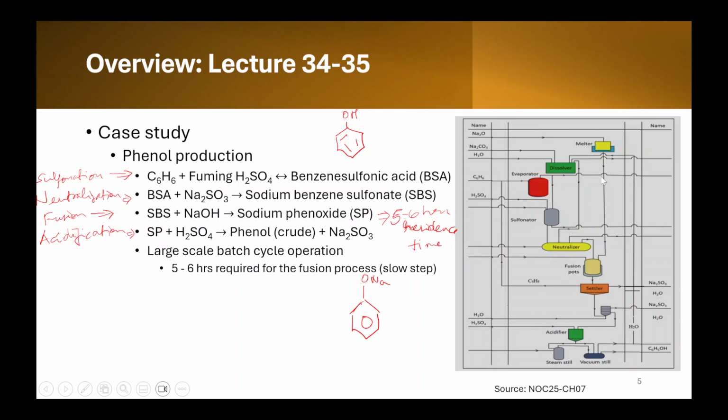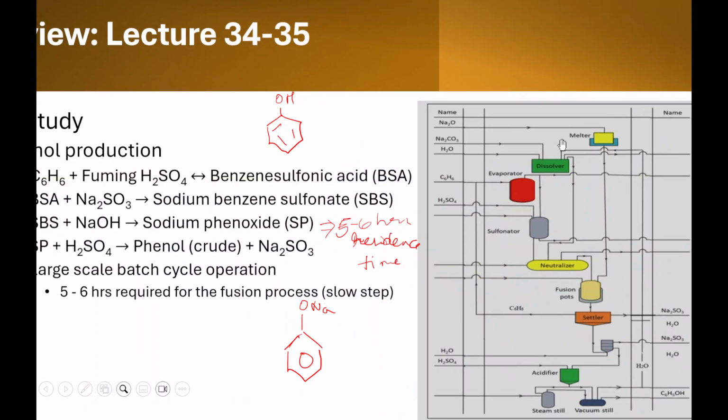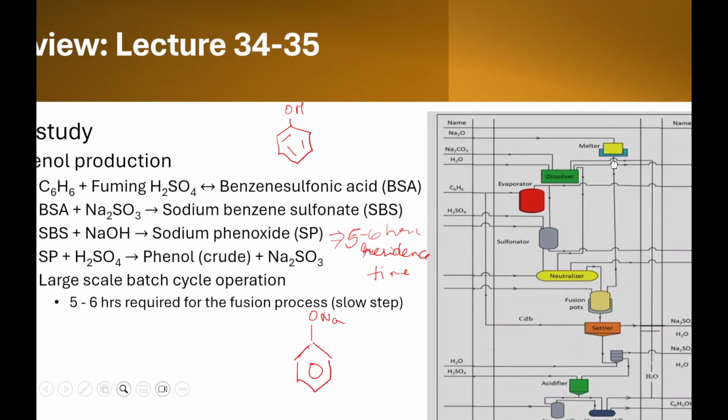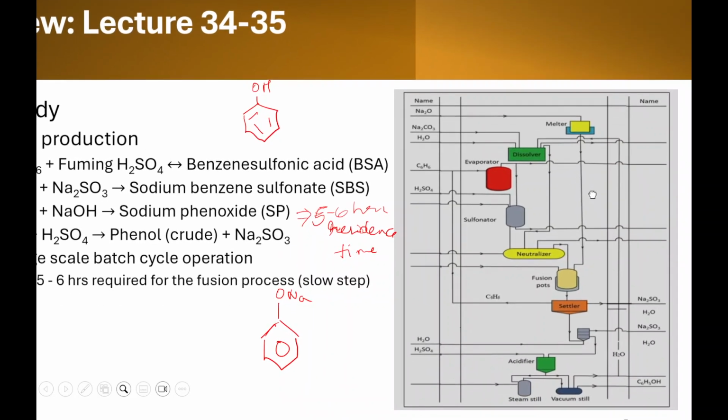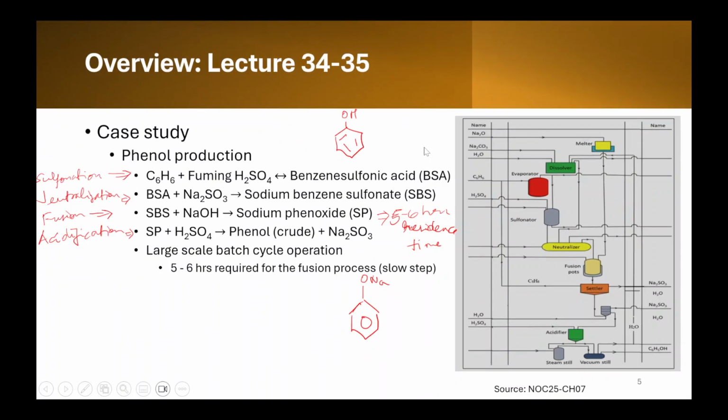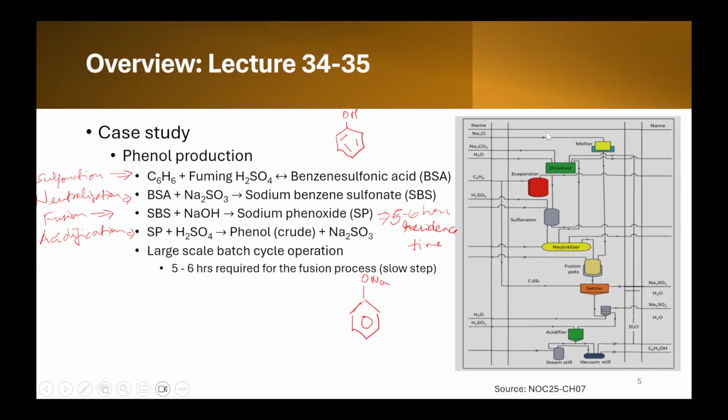Here the flow sheet is shown. You can see in this flow sheet that firstly this is the benzene.